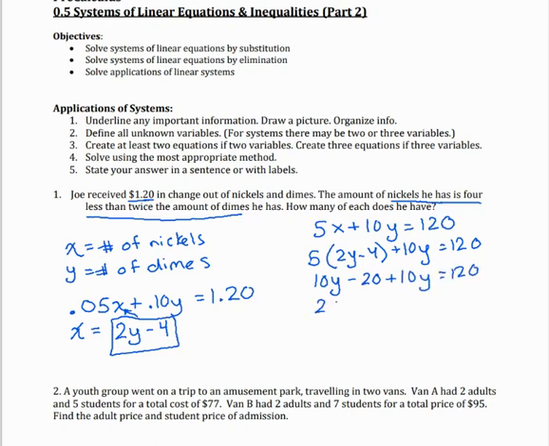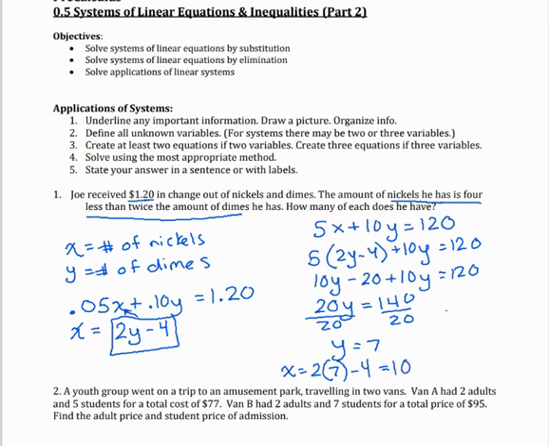Combine my like terms, that gives me 20y. Add 20 gives me 140. And now divide through to get y alone. This will tell me y equals 7. Now that I know y, I can go ahead and find x. So x equals 2 times 7 minus 4, and that will give me 10.